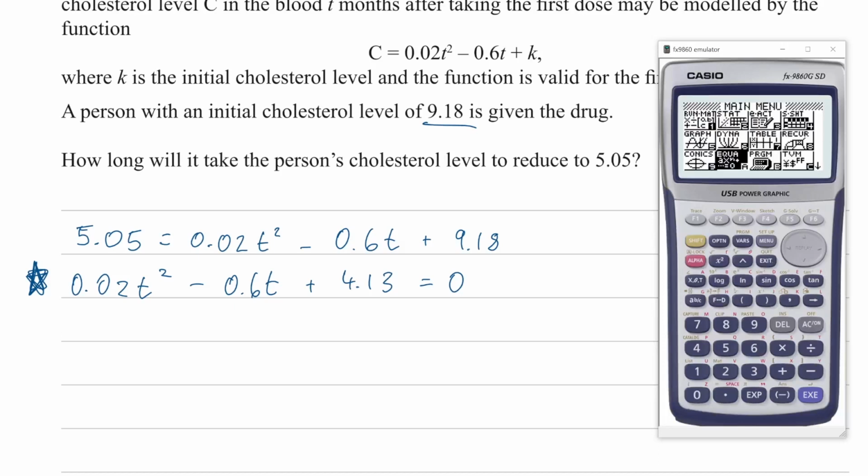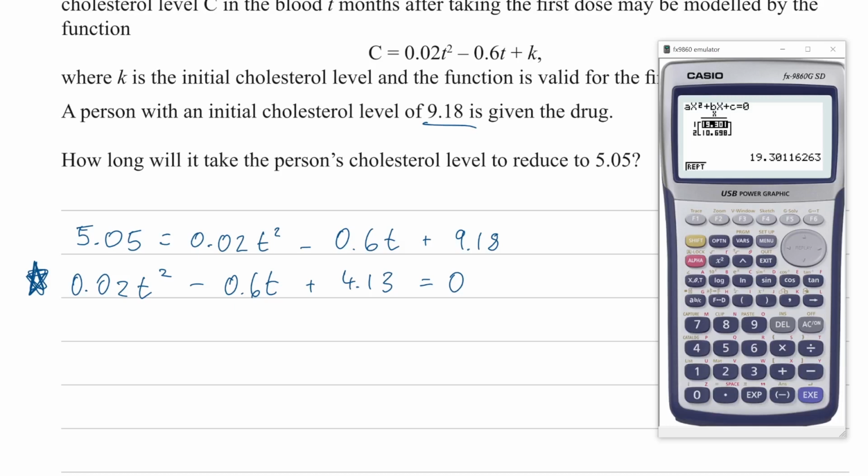So if we go Menu, Equa for equation, we select polynomial, so we're solving a polynomial. That was F2 of degree 2, it's a quadratic, and our a value is 0.02, our b value is negative 0.6, our c value is 4.13, and we hit F1, which is solve.